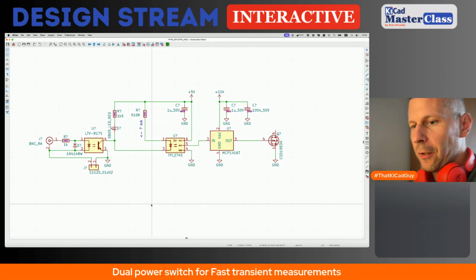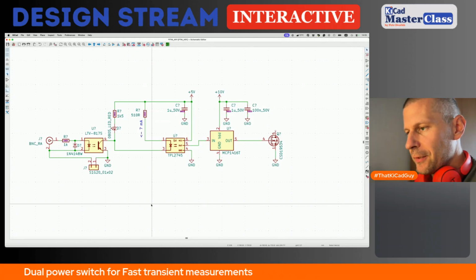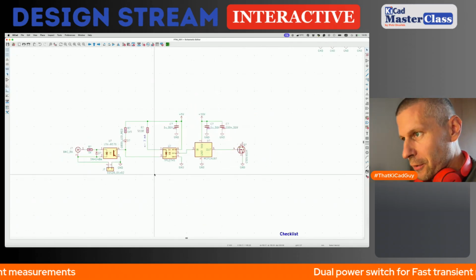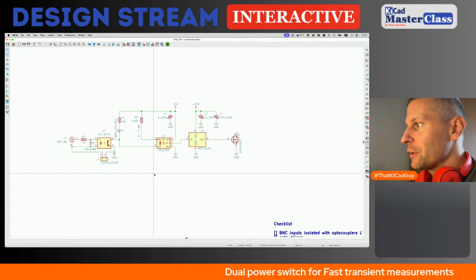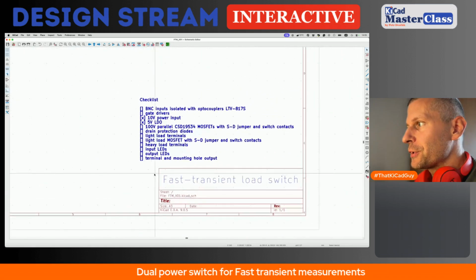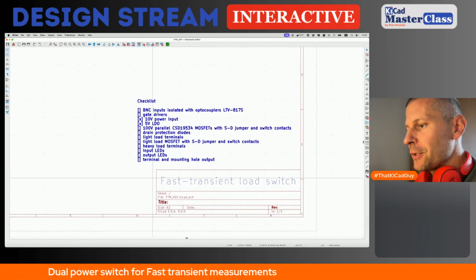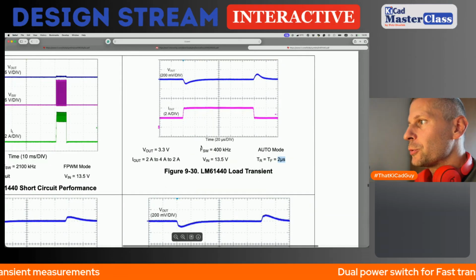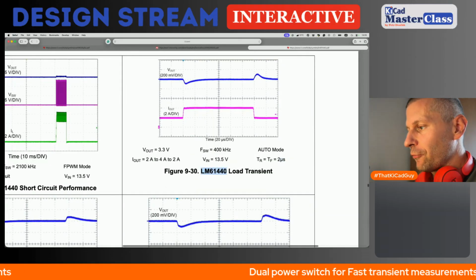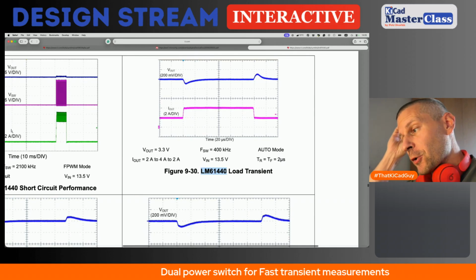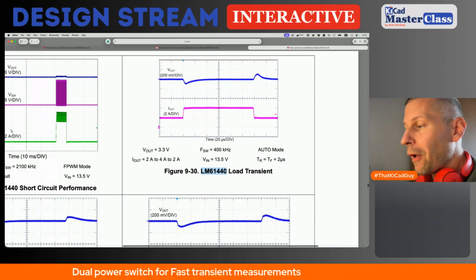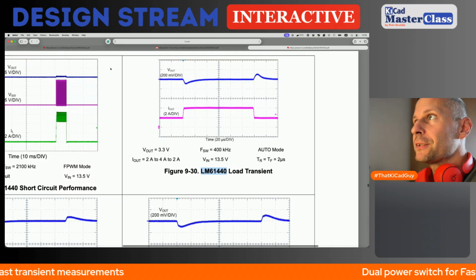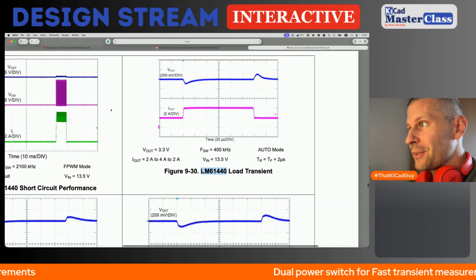So we are like 3 minutes in the show, and today I'm working on a dual power switch for fast transient load switching. I designed the buck converter using LM61440 about a month or a month and a half ago, and the prototype is manufactured and tested.